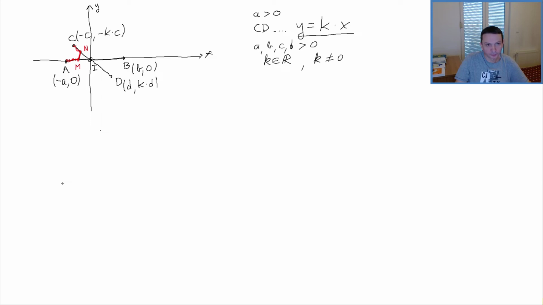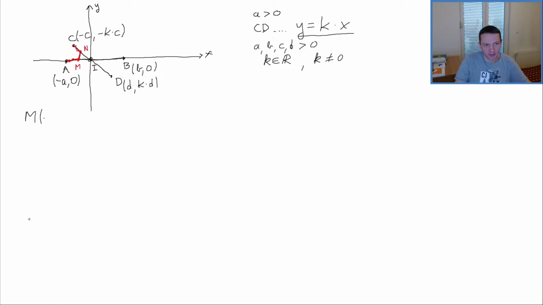Okay. So I should change color again. M is also on the x coordinate.